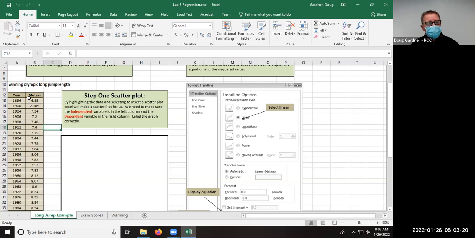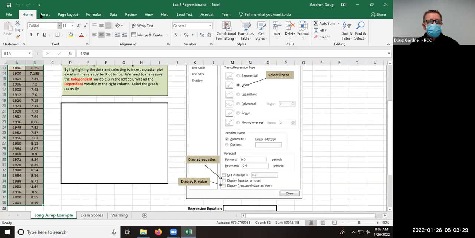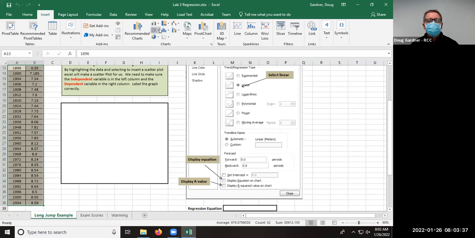So to make a scatter plot, super easy. You grab all the numbers. And same place we went for a bar graph, up here under insert, except we're not using the bar graph, we're using this one right here, which is the scatter plot.